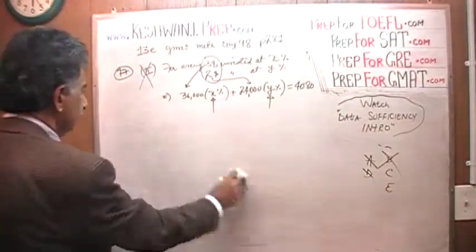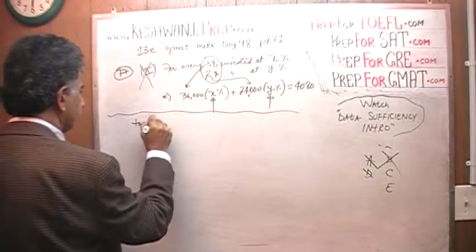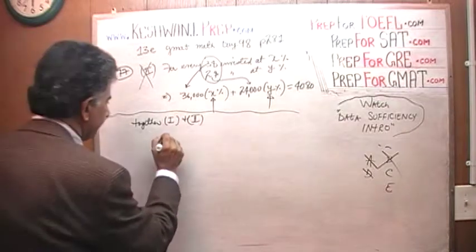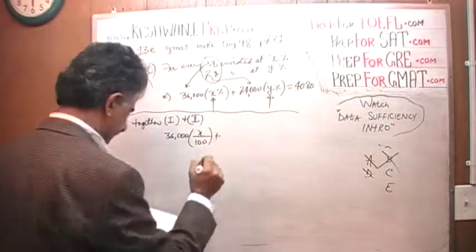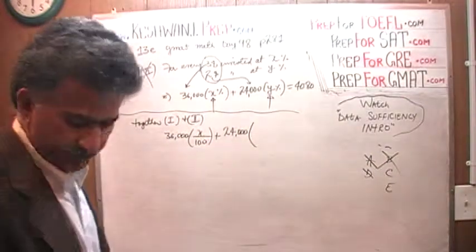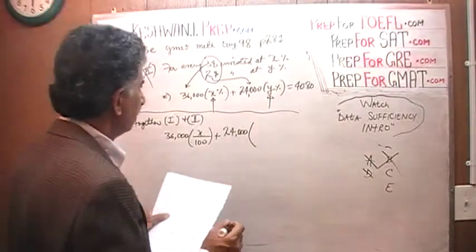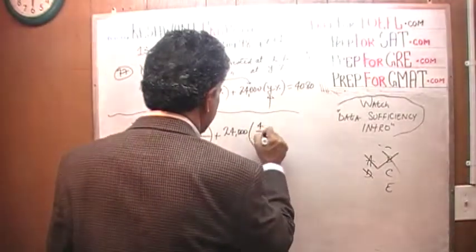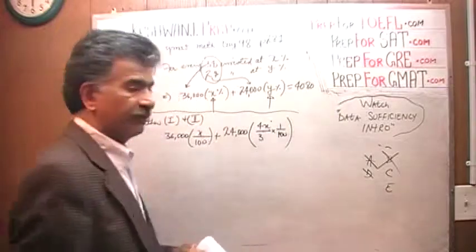If you put them together, one and two, what we find is that we have $36,000 invested at X%, which is X over 100, plus $24,000 invested at Y%, and Y, we were told from the first statement, was 4 over 3, 4x over 3%.